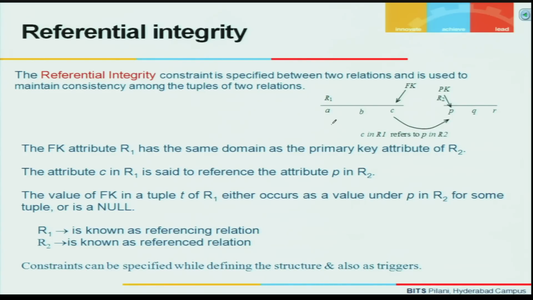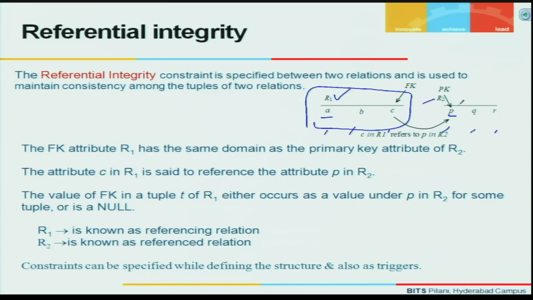Suppose let us consider two relations. R1 is the first relation, and it has the attributes A, B and C. Let us assume that A is the primary key. This is the relation schema for R1. Similarly, I have a second relation whose name is R2, which has attributes P, Q and R, and P is the primary key.